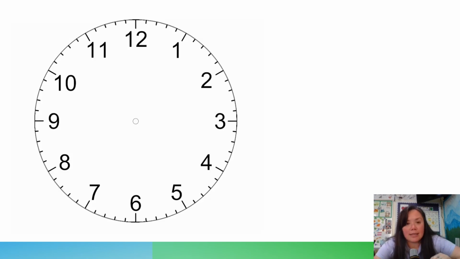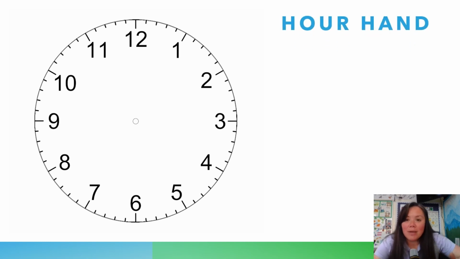All right. So let's take a look at our clock here. And I want to introduce you to the different hands of our clock. And I love doing this because the first one I'm starting off with is our hour hand. This is the little short hand on the clock. It's my favorite hand.